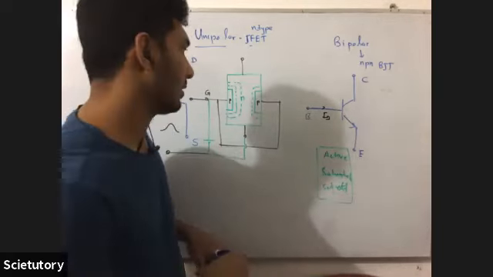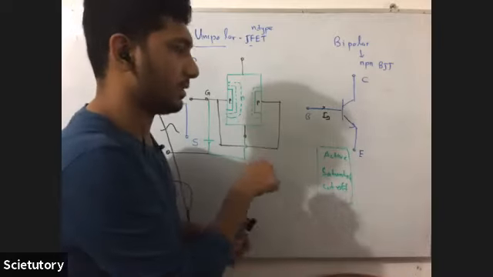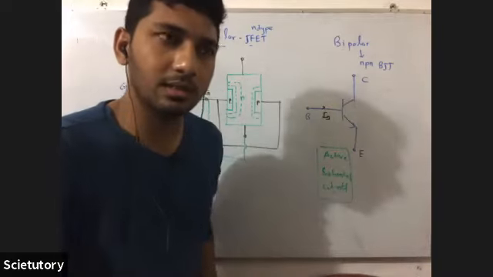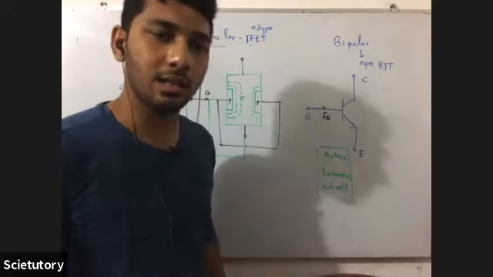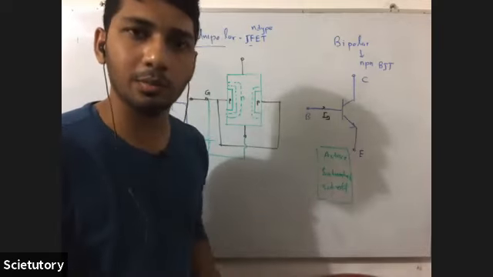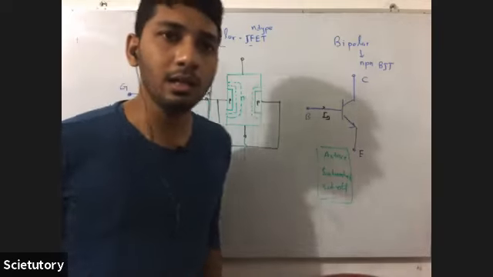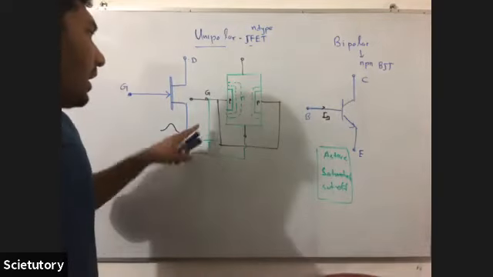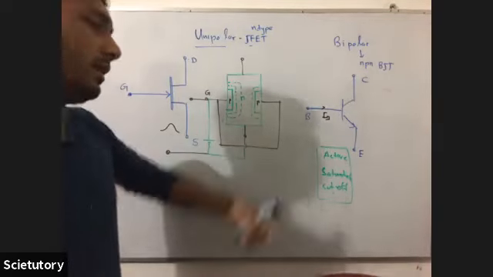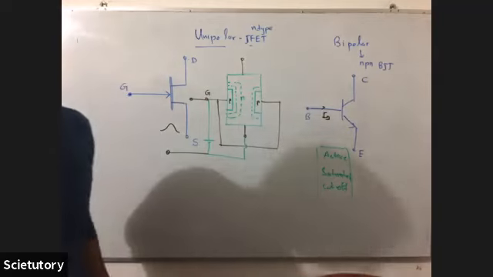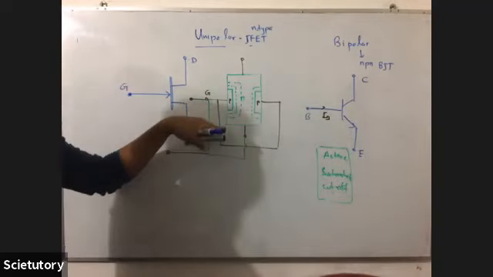So due to that, the current is changed. So in the output circuit there is a change in the current, and there is a change in the output voltage. So that's how you obtain amplification in this JFET. So during the operation, this is reverse biased.